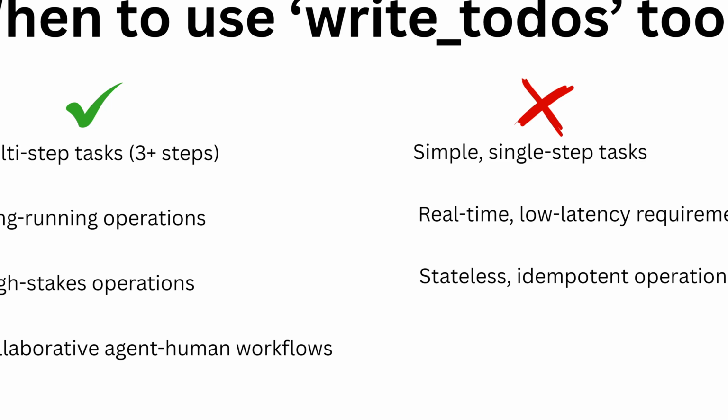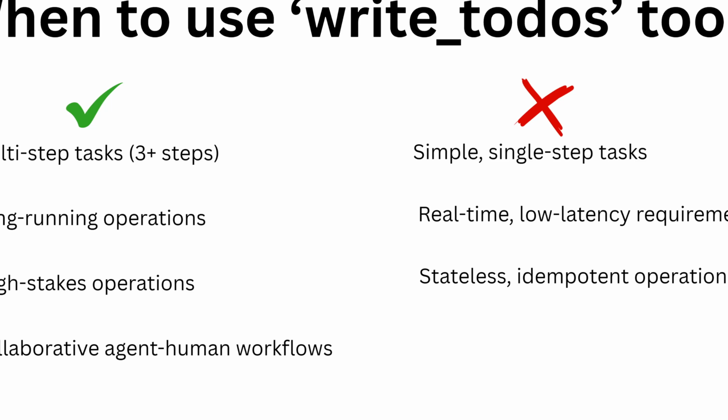You should not be using this if you are expecting the answers to be quick, because this is going to take some time. As you can imagine, it'll execute multiple steps. And if it is a small task, we go back to point one here. If it's a simple single step task, you should not be using the write-todo tools, which I think most of the agent tasks are these days, right?